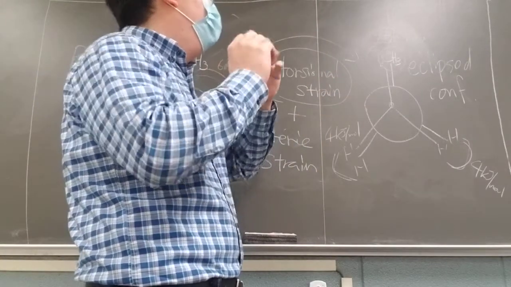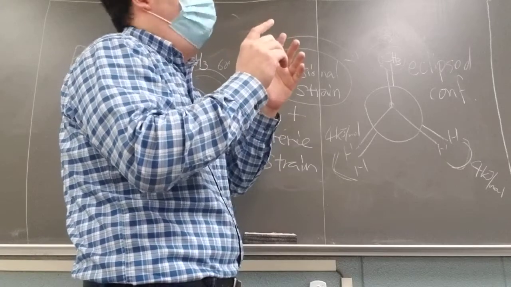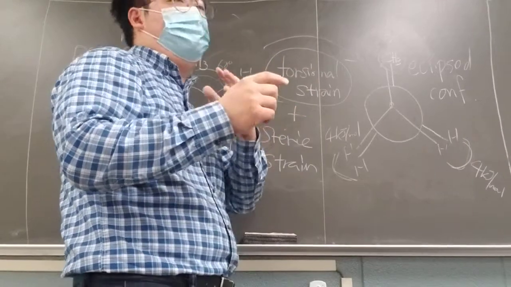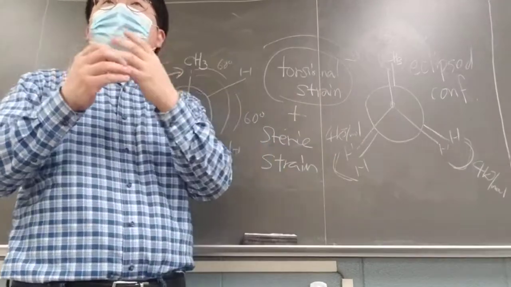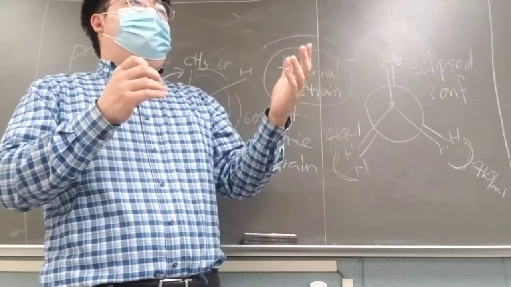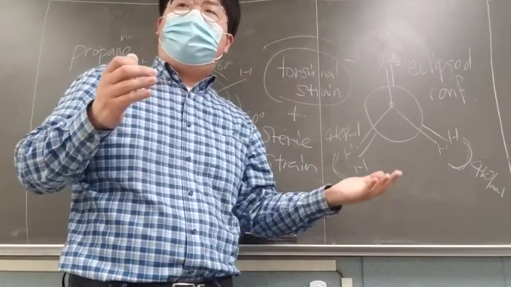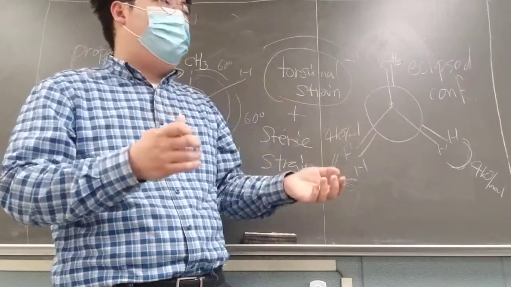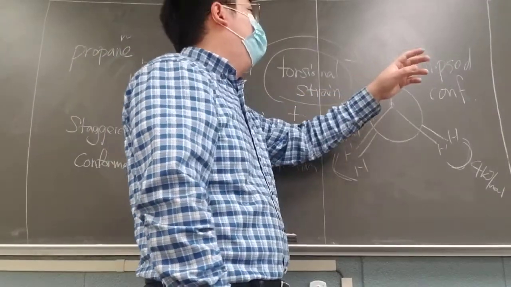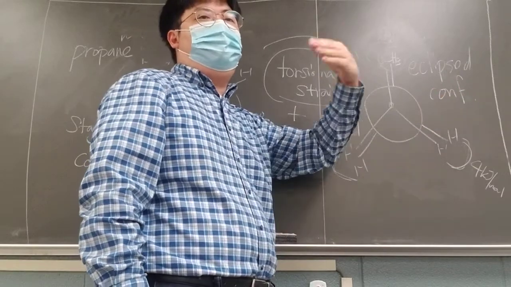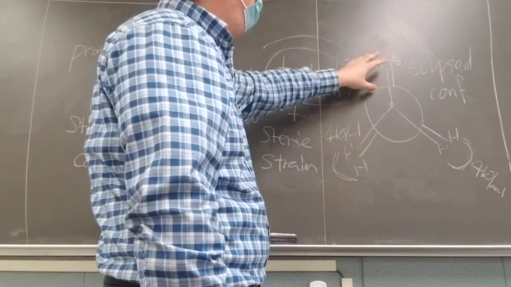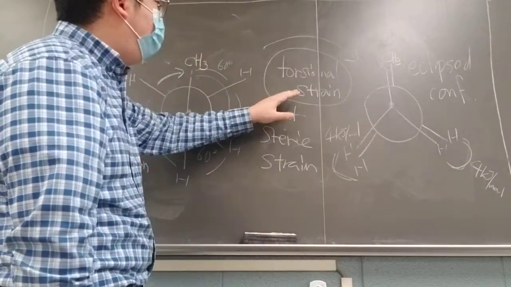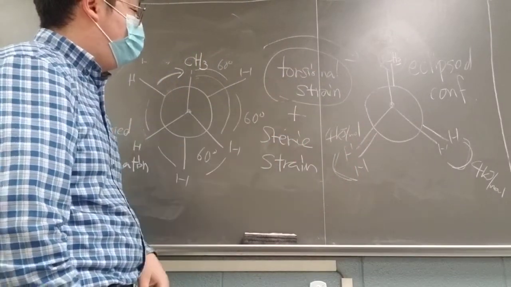So if that carbon has even bigger groups, then we'll have an even higher discomfort. You don't want to compete with the much bigger groups in the limited space. So that's why it causes even higher energy. So to explain that, we add torsional strain. We also add a static strain.